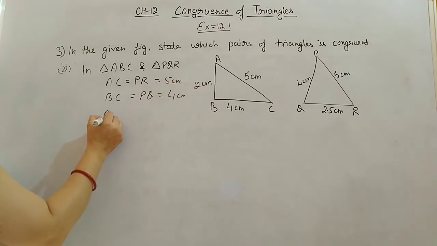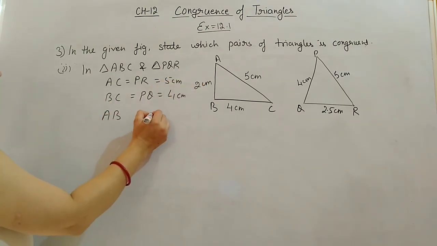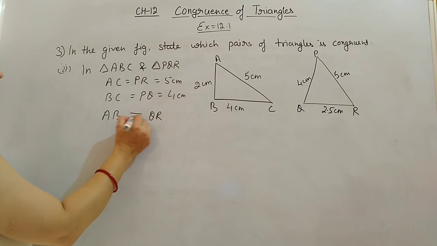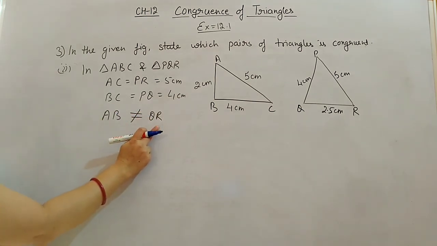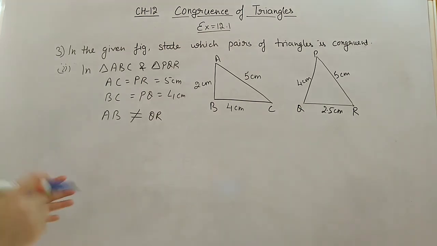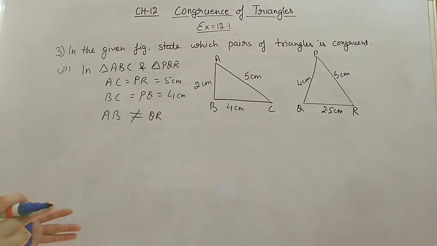But this AB and this side QR, these two sides are not equal. This is 2 centimeter and this is 2.5 centimeter. So if any one condition is not fulfilled, it means these two triangles are not congruent.